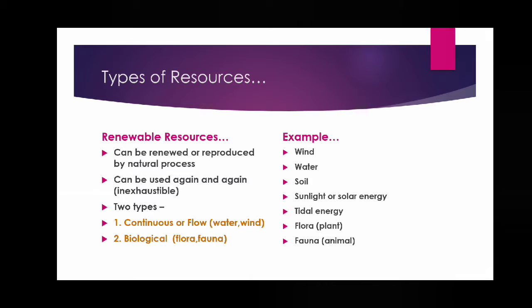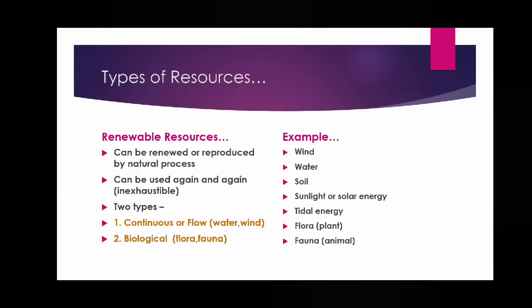Other examples are also given here. There are two types of renewable resources, one is continuous or flow. Continuous or flow means these resources are available in this world, on our earth, continuously, there is no interruption.